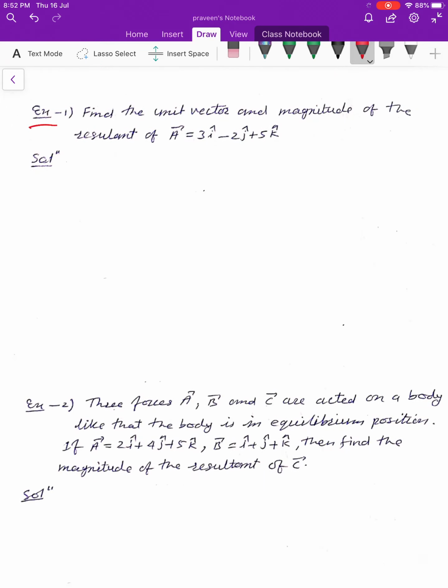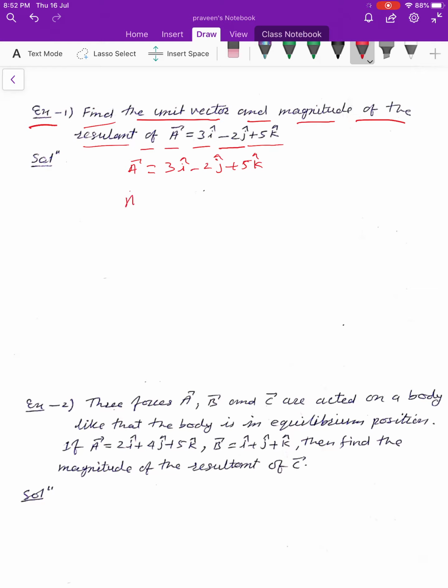Example first. Find the unit vector and magnitude of the resultant of vector A is equal to 3 i cap minus 2 j cap plus 5 k cap. Solution. Here given vector A is equal to 3 i cap minus 2 j cap plus 5 k cap.